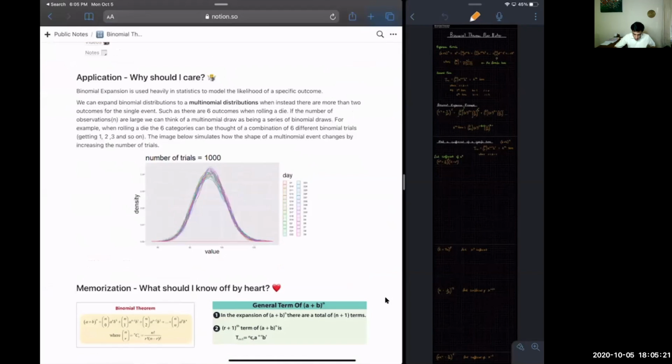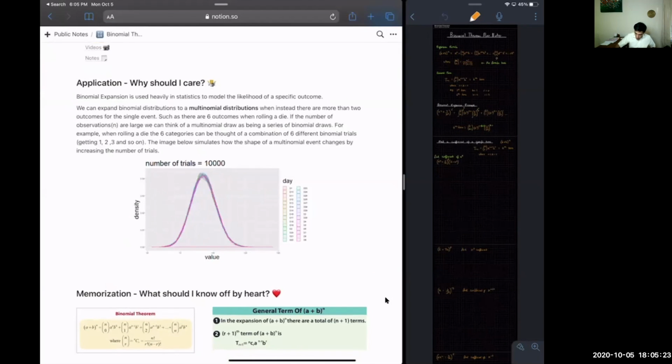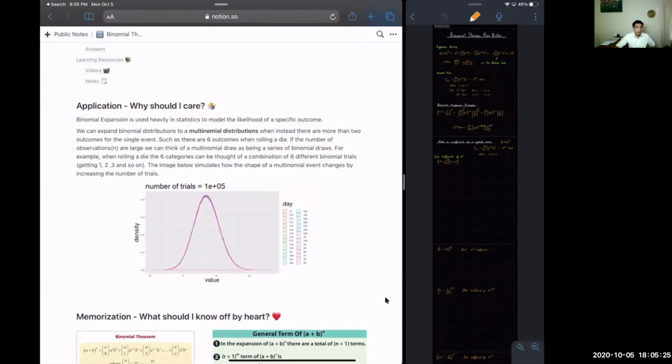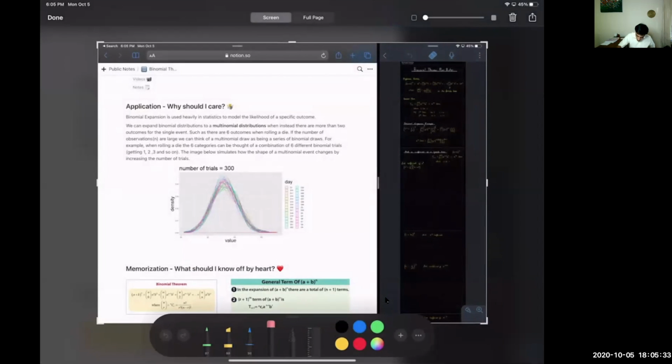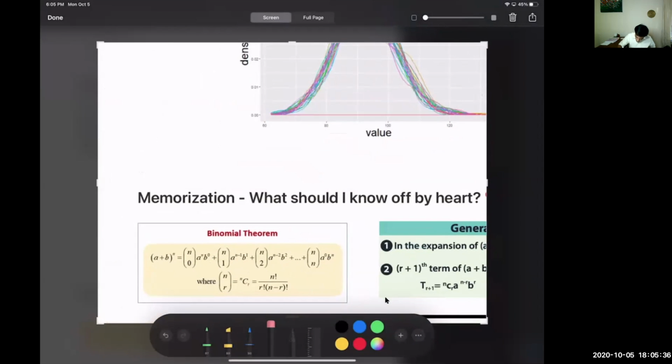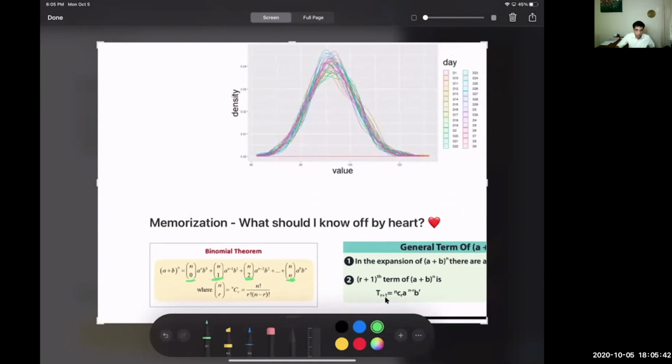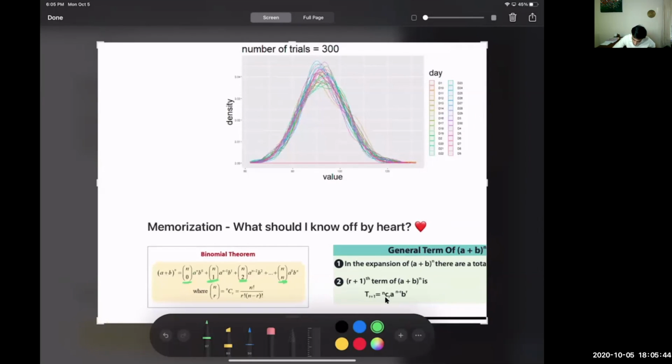What you're learning right now is a little early for this form of application, but essentially, as you expand the binomial expansion, for example, these are the coefficients that you get. If you plot all of these coefficients, you will start to get a curve that looks very much like this.